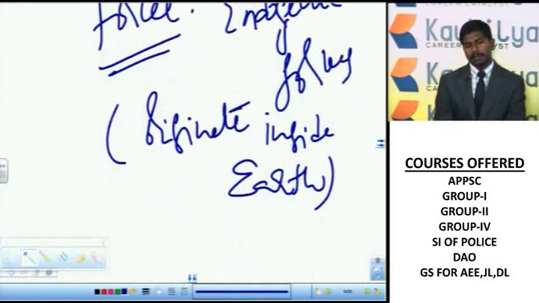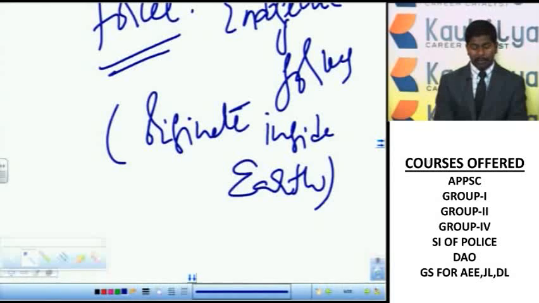That means the majority of the second order landforms, some of the mountains, some of the plateaus and some of the plains, are formed due to endogenic forces, which originate due to some mechanism inside the earth. So to understand these endogenic forces, you have to know the internal structure of the earth.